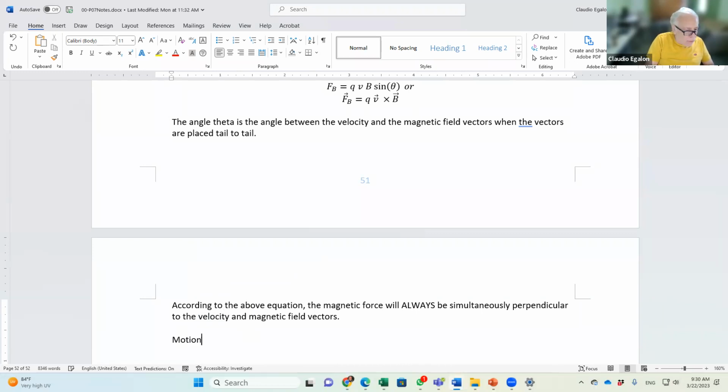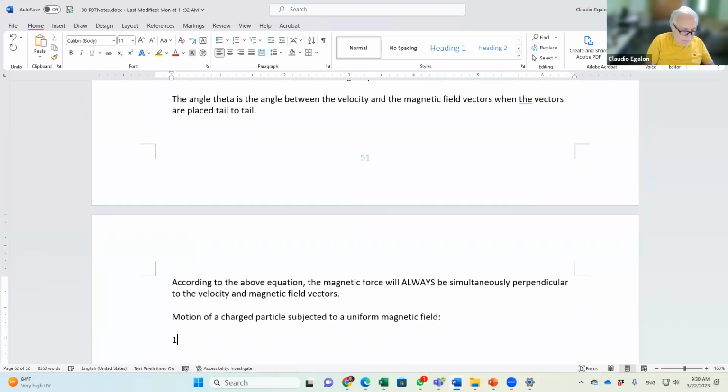Motion of a charged particle subjected to a uniform magnetic field. Two cases we're going to do. First, velocity vector perpendicular to the B field.